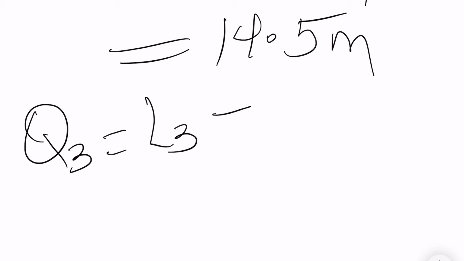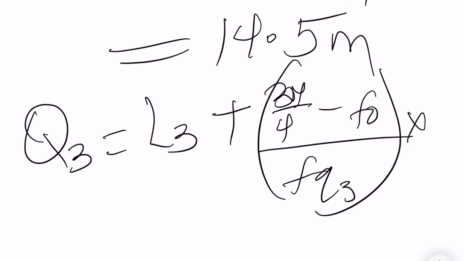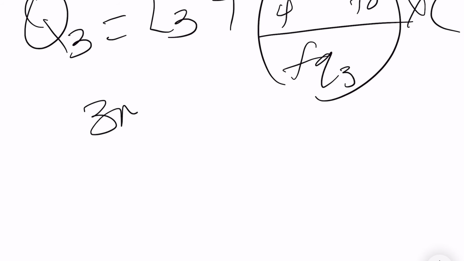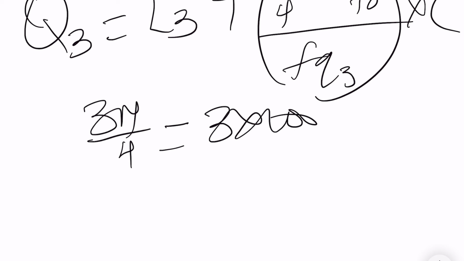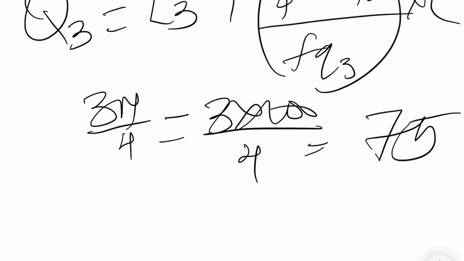Now for our Q3, it is the same thing. We have L3 plus 3N over 4 minus F0 over FQ3 times C. So 3N over 4 equals 3 times 100 over 4, which is 75.